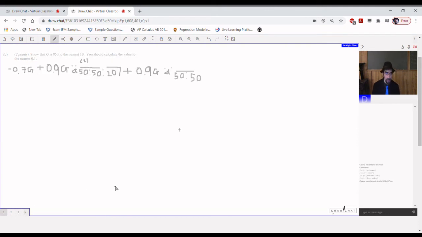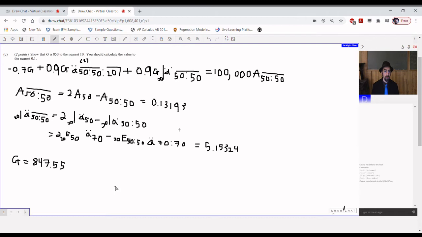For part C, show that the gross premium G is 850 rounded to the nearest 10. You should calculate the value to the nearest 0.1. So we get our formula. There's the 70% initial expense loading, right? So 0.7G gets subtracted out.